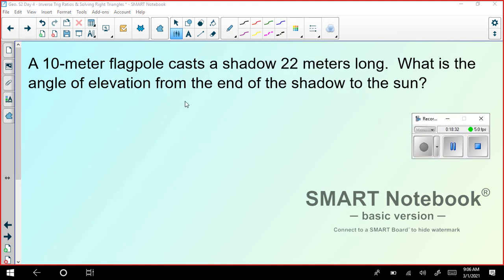A 10-meter flagpole casts a shadow of 22 meters long. What is the angle of elevation from the end of the shadow to the sun?